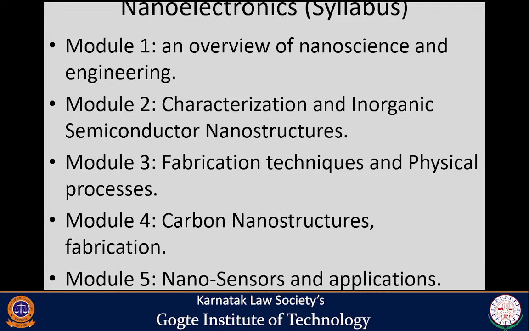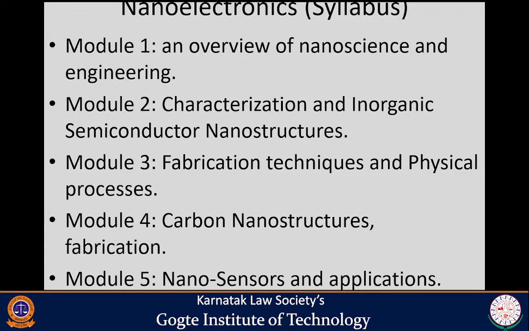Here we will also have a brief overview of Moore's law, which predicts the reduction in the size of electronic devices, and at the same time tells us about the increase in the number of devices or components over the past few decades.